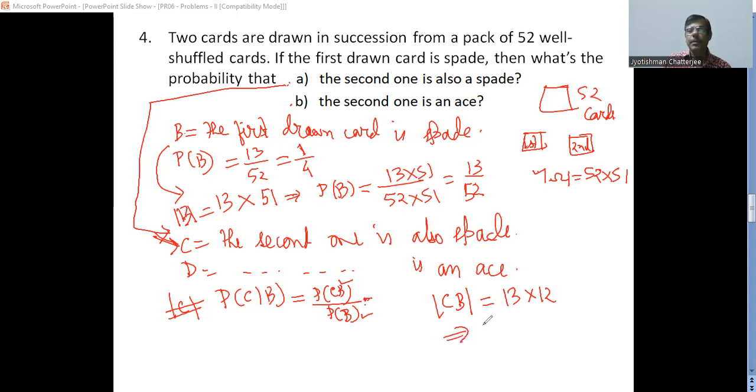This implies the probability of CB is equal to 13 into 12 by 52 into 51.